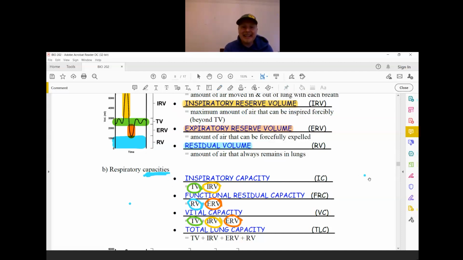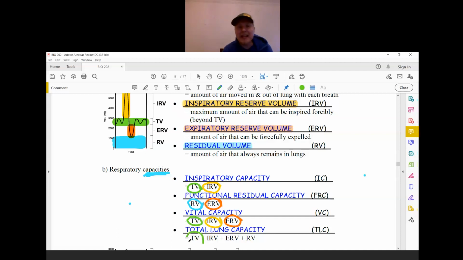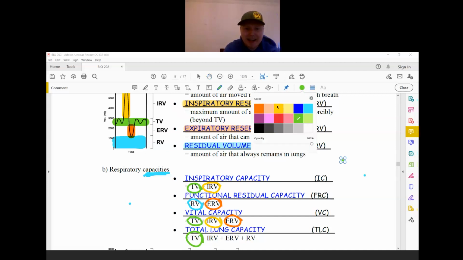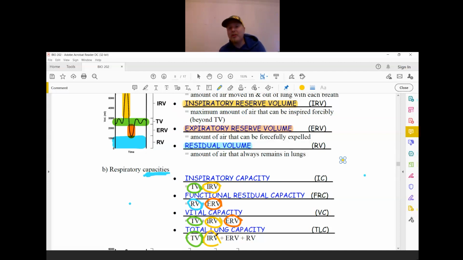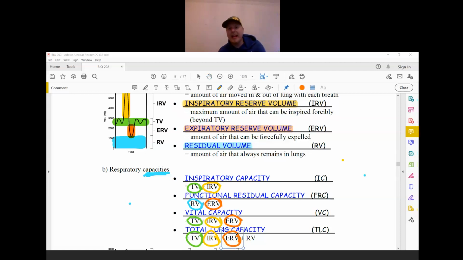Finally, if we want to calculate the total lung capacity, that of course means adding all of the volumes that we had a look at together. So that will be our tidal volume, our inspiratory reserve volume, our expiratory reserve volume, and our residual volume.